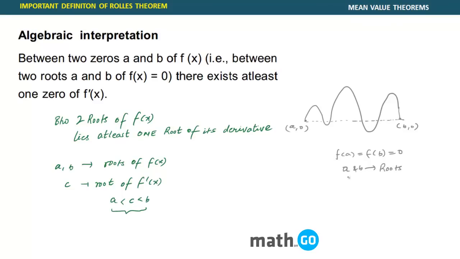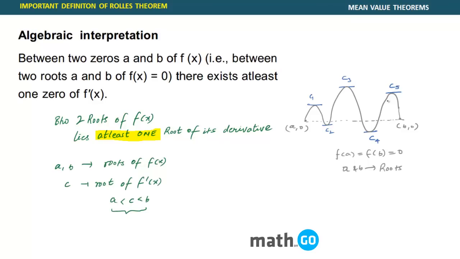First of all, highlight this step: there will be at least one, which means minimum one, but there could be more than one also. For example, I have taken more than one case. Can you see that this is parallel to the x-axis? This will be one root, c1. This point gives a tangent parallel to the x-axis, c2. Here c3, c4, c5.